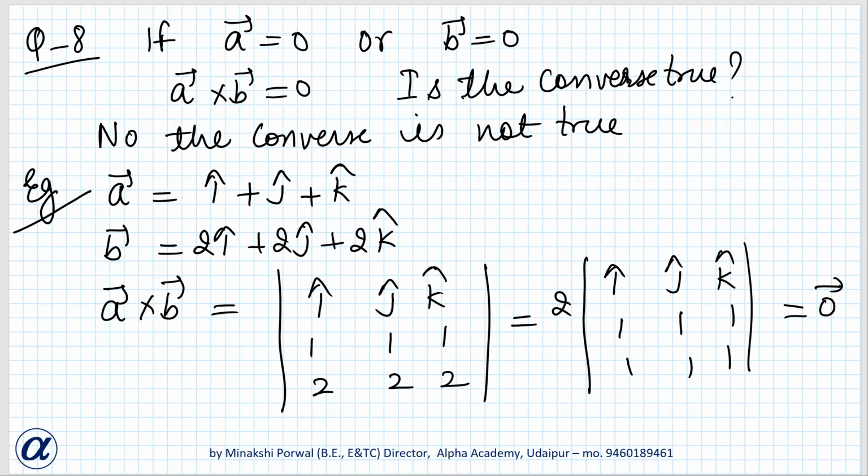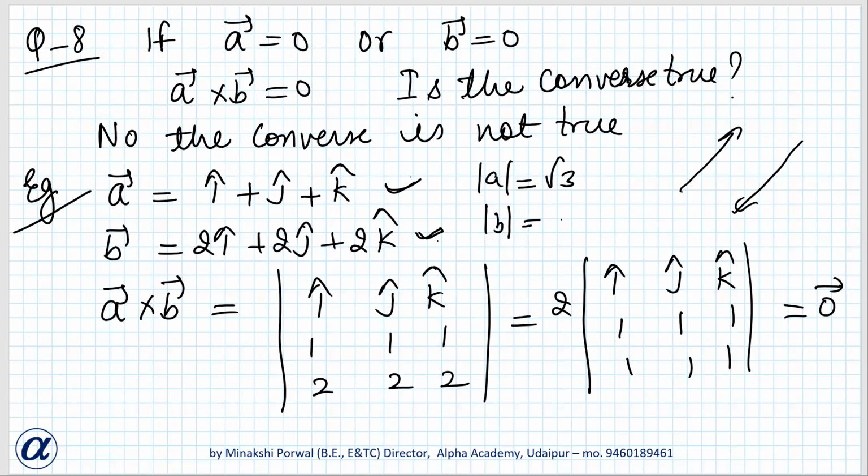Here theta is 0 basically because the direction cosines of this and the direction cosines of this will both be the same. That means both vectors are parallel if the direction cosines are same. Why are the direction cosines same? You can find the mod of A, which is equal to root 3.